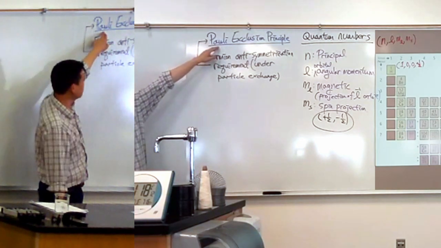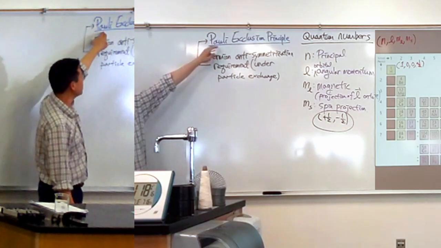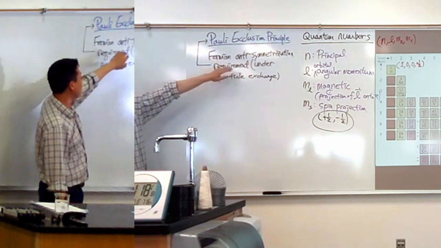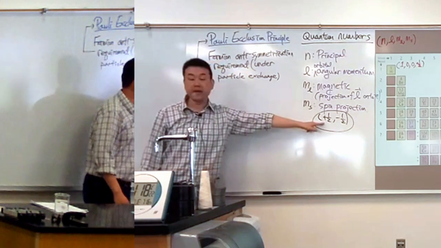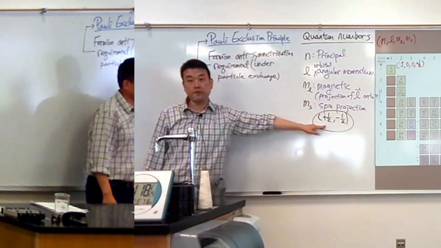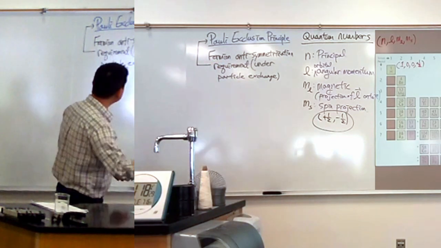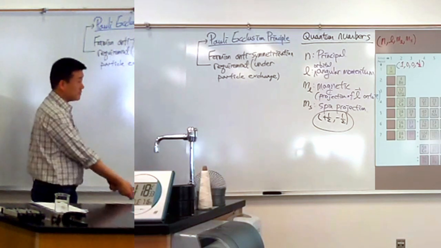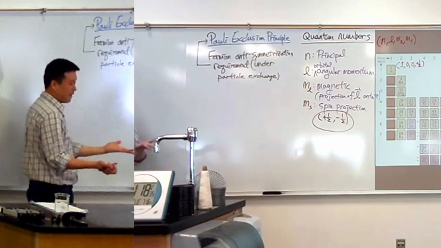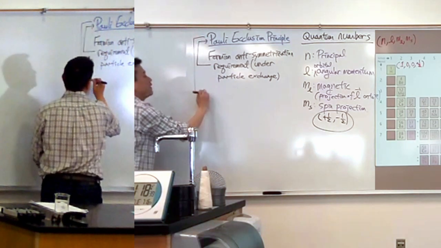And if you happen to go to physics graduate school, do particle physics theory, then you will see why fermions obey this requirement. It all comes down to what kind of spin they have. The spin is one of the fundamental characteristics of a particle. But let me just give you the statement of the Pauli exclusion principle. That's what matters for us. Where it comes from, you're not really going to be tested on that.